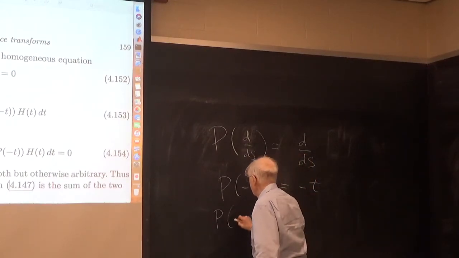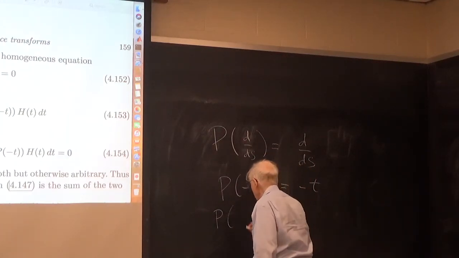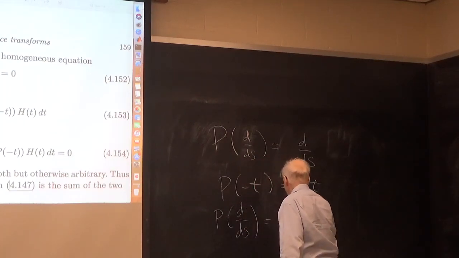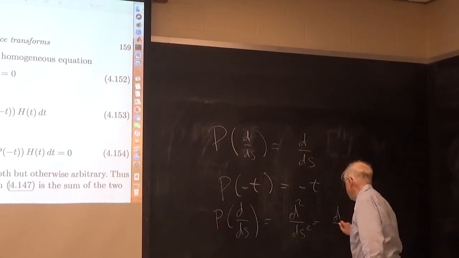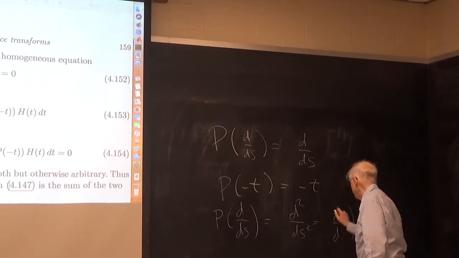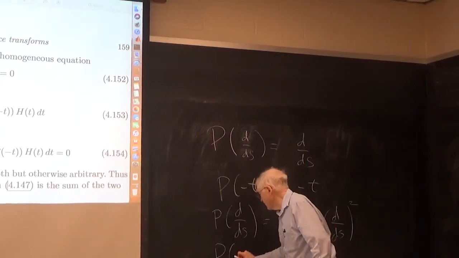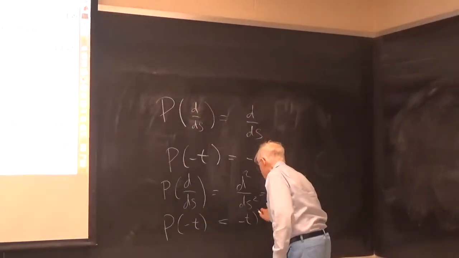Or if P of d by ds is d by ds squared, then P of minus t is just minus t squared.